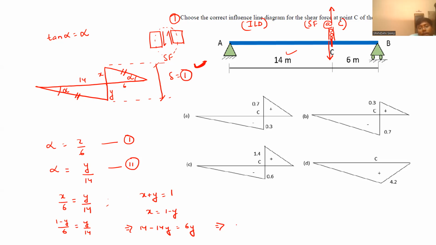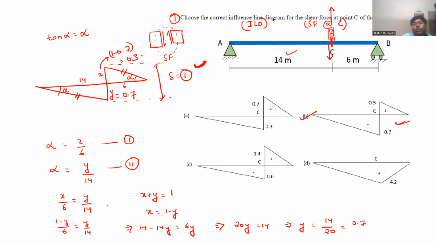So 20y equals 14, y equals 14 by 20, that is 0.7. So y we got as 0.7. So x will be 1 minus 0.7, that is 0.3. So which option is correct? I think option B. Yeah.